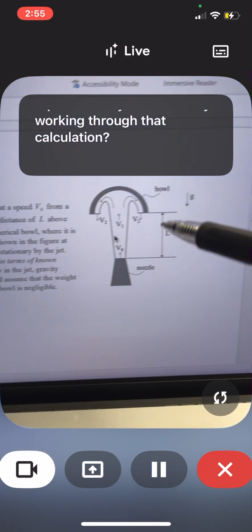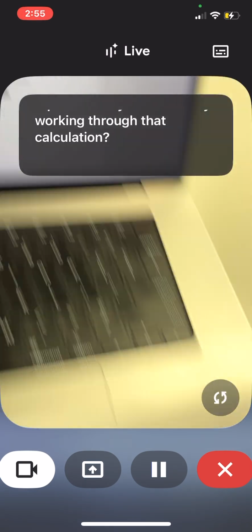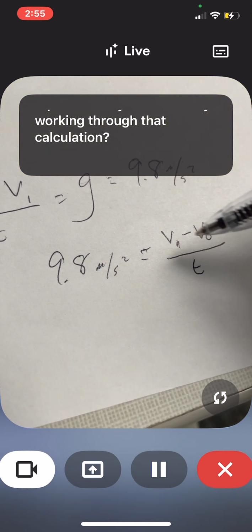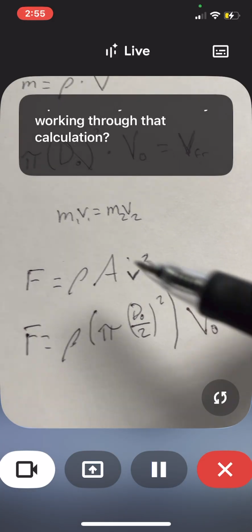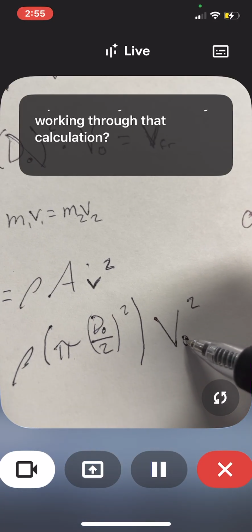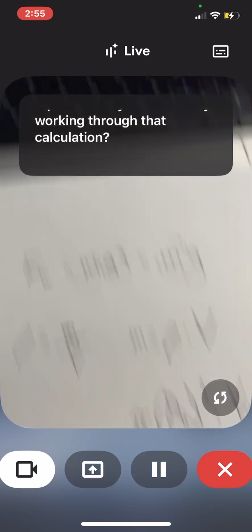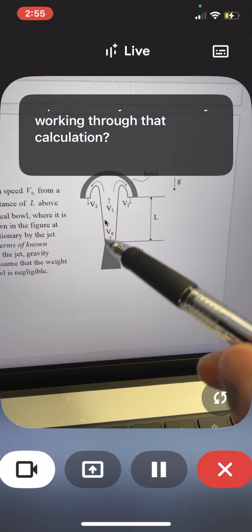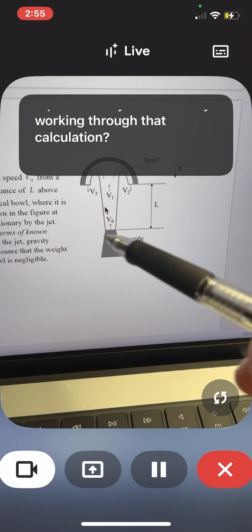But do I put that into here, or do I just put the velocity here as velocity 1 instead of velocity naught, and then we just assume that the area here, well, no, because that's not the same.